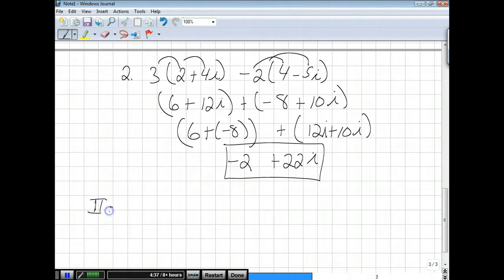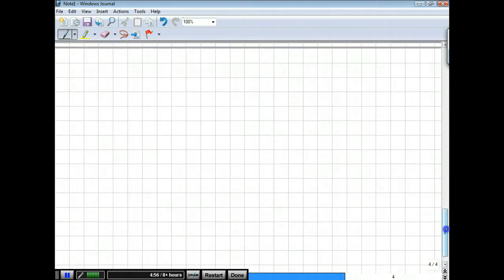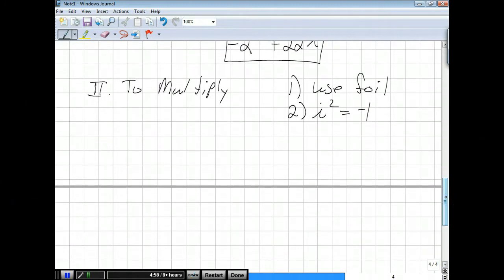Now for multiplying, we, number one, use FOIL. And number 2, we use the fact that i squared equals negative 1. So we use both of those concepts to multiply complex numbers.